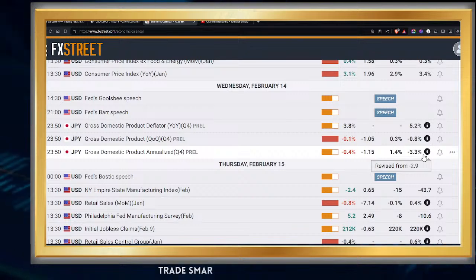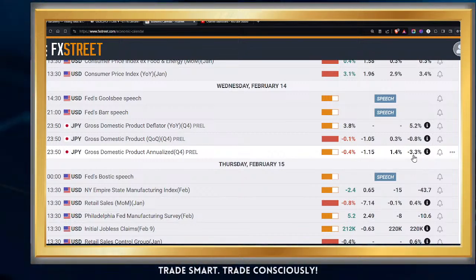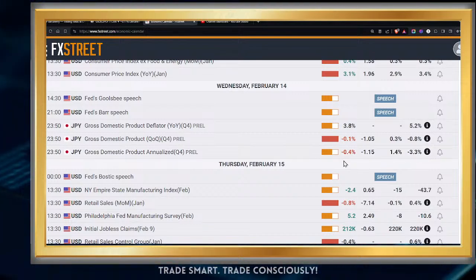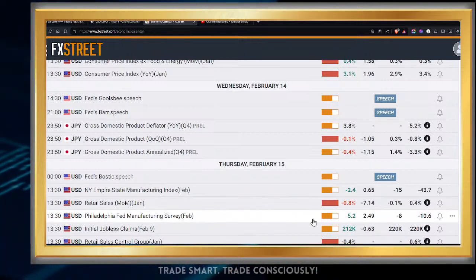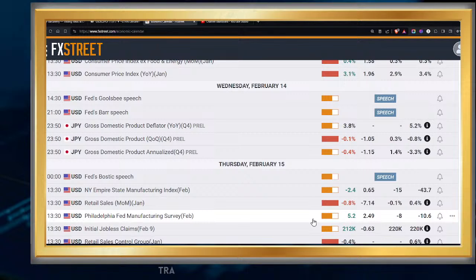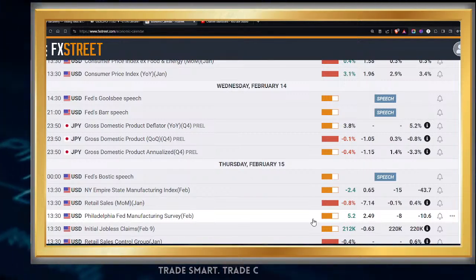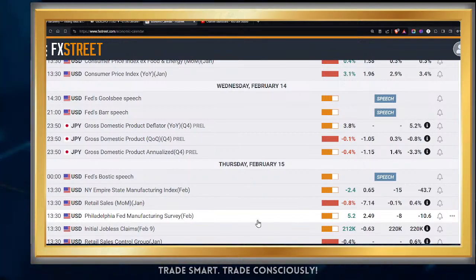Remember, the previous GDP came in at a contraction of 3.3%. Now we have another contraction of 0.4%, throwing that market dynamic into uncertainty at this particular point in time. But we are going to be looking into that in a moment, so I encourage you to stay tuned.